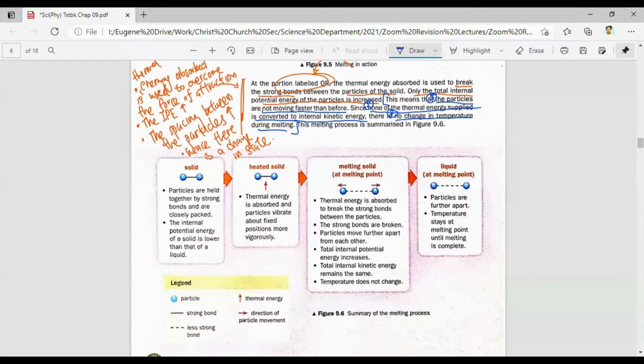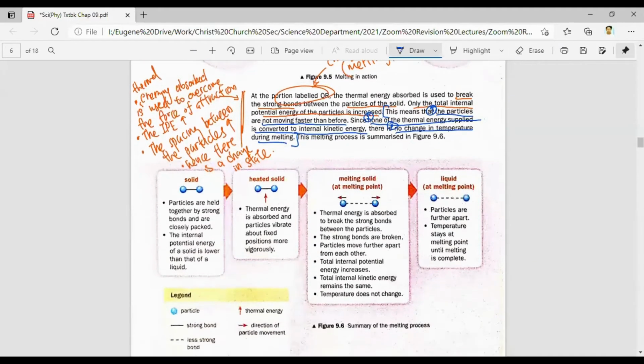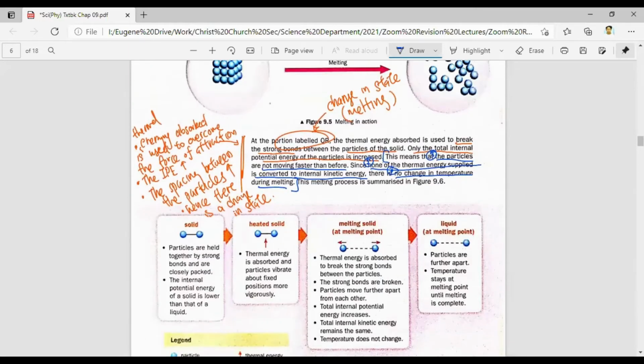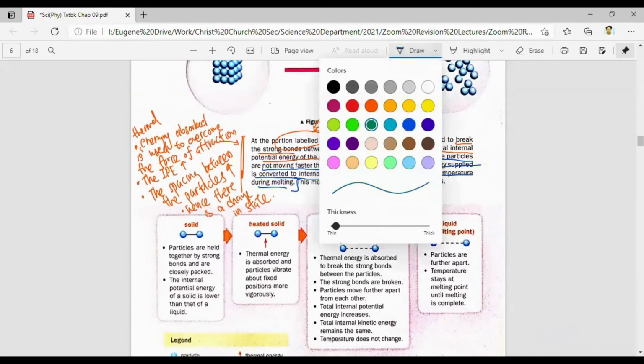Now, you can read up more into here, but I felt that there's too much detail here. If you were to write down all this in the exams, it's just way too much. So it's either these 4 points whenever you're talking about change in state, or these 3 points here if you're trying to explain why the temperature remains constant. Let me use my green color pen to just highlight.